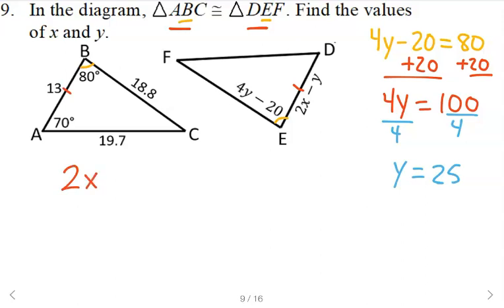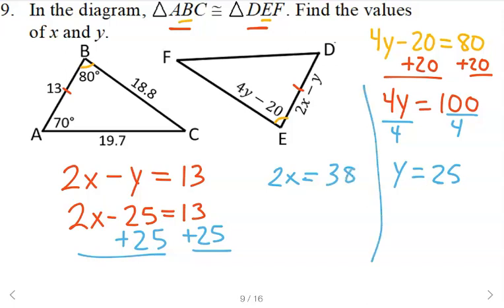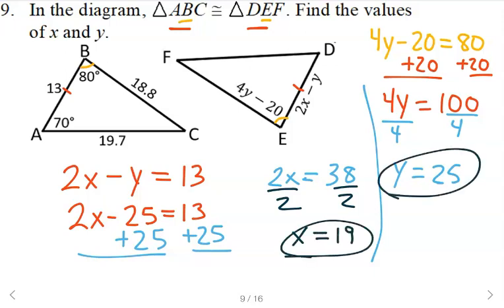So we can say 2x minus y equals 13, and we know what y is, 25. From here we've got a two-step equation, add 25, and so we have 2x equal to 38. And then to get rid of multiplying by 2, we can divide by 2. And x is 19. So we found both x and y.